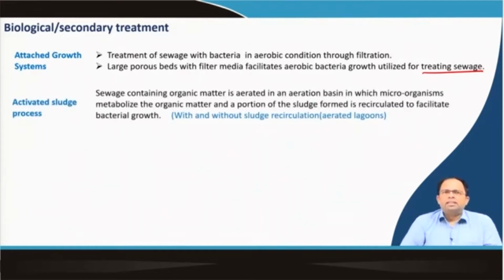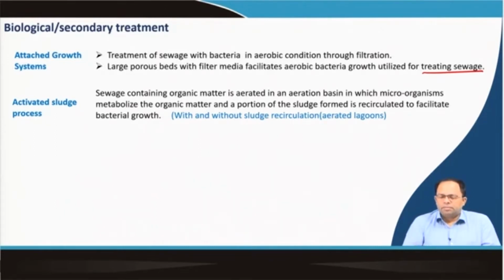So, in the activated sludge process, the next process, the sewage containing the organic matter is first of all aerated. That means we put in compressed air inside a particular basin, which we call an aeration basin, and because we are putting in air, microorganisms grow in the presence of oxygen, and the metabolizing reactions increase, and organic matter is stabilized by these microbes.